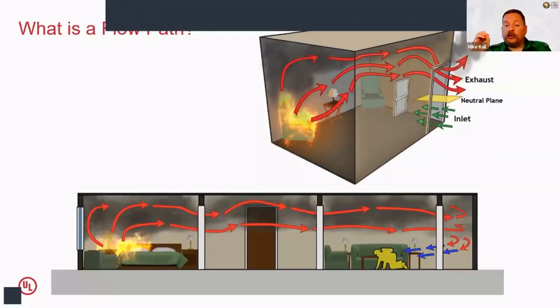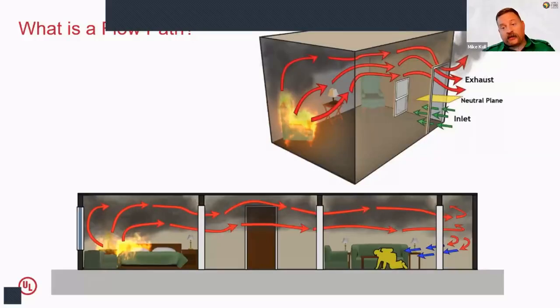So the doorway that's open is serving as the inlet flow path, and it's also the exhaust flow path. Where those meet is what's called the neutral plane. So you'll see smoke layering up above in the exhaust flow path as it exits out over your head, and the fresh air is coming into the fire through that inlet flow path. Okay.